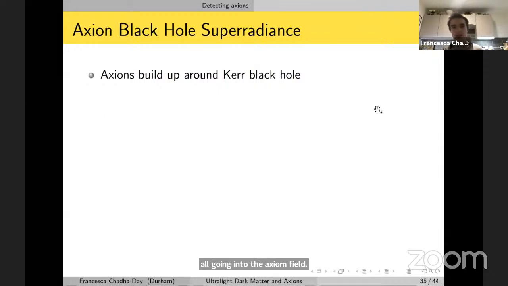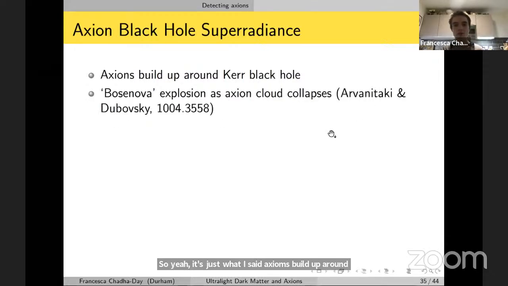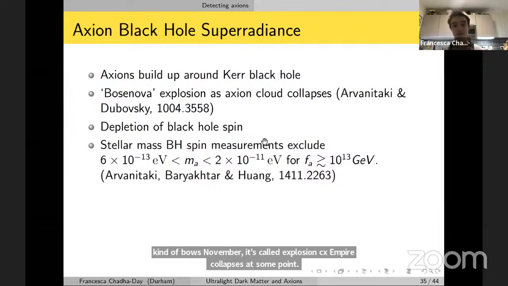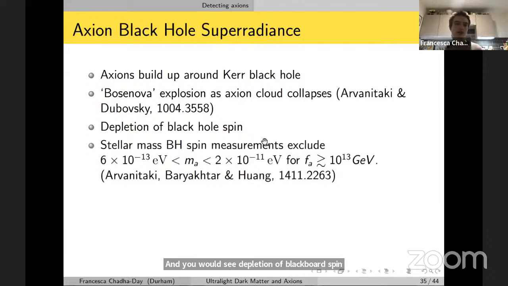So, axions build up around a Kerr black hole. What would you see? You could see what's called a Bose-Nova explosion as the axion cloud collapses at some point, and you would see depletion of the black hole spin. This means we can use black hole spin measurements to exclude regions of the axion parameter space where axion superradiance would have prevented black holes from reaching that spin.